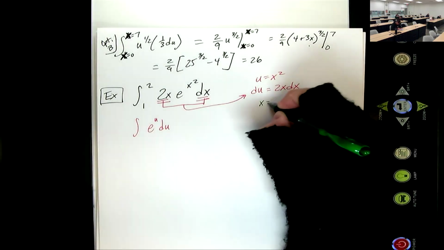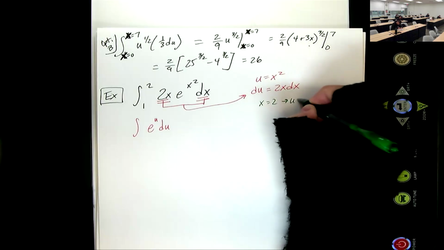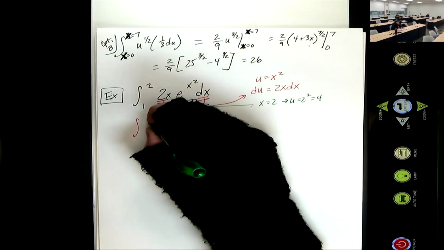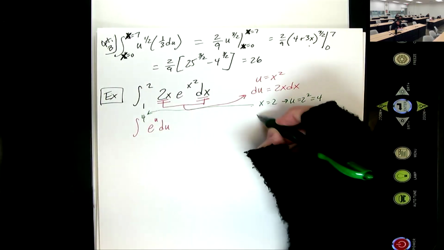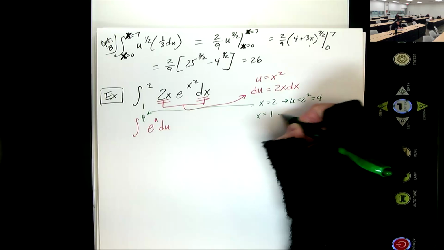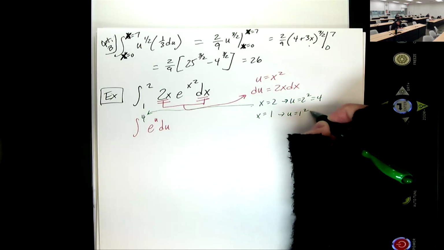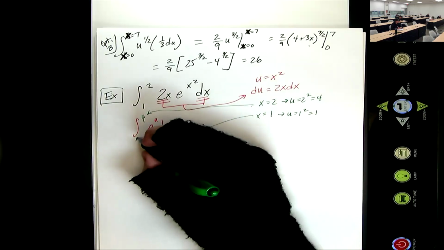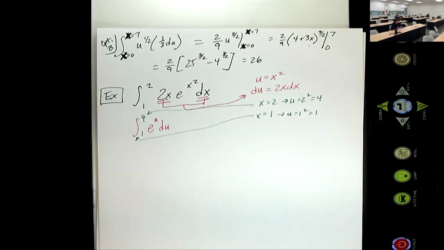When x equals 2, u equals 2 squared, which is 4. When x equals 1, u equals 1 squared, which is 1.